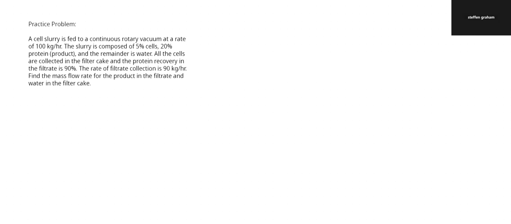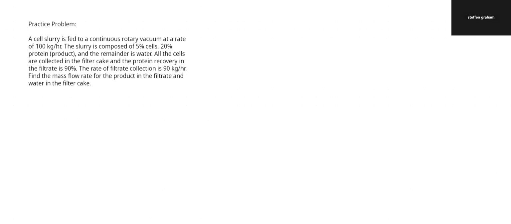The slurry is composed of 5% cells, 20% protein, which we're calling our product, and the remainder is water. All the cells are collected in the filter cake, and the protein recovery in the filtrate is 90%. The rate of filtrate collection is 90 kilograms per hour. And then we need to find the mass flow rate for the product, the protein, in the filtrate, and the mass flow rate for the water in the filter cake.